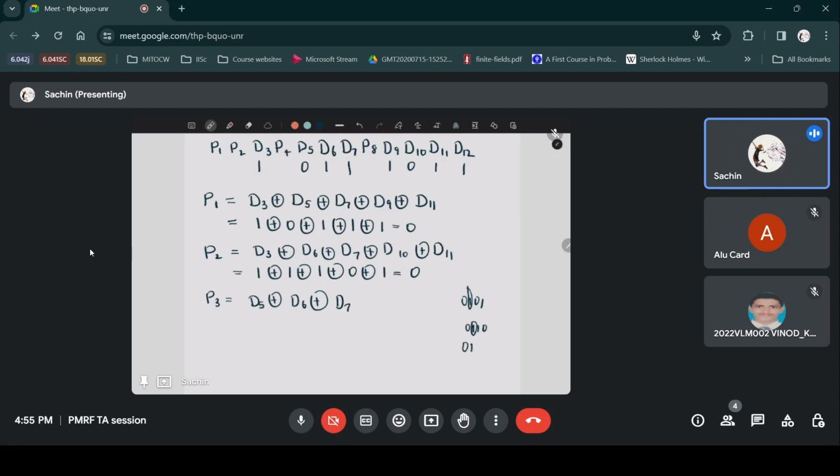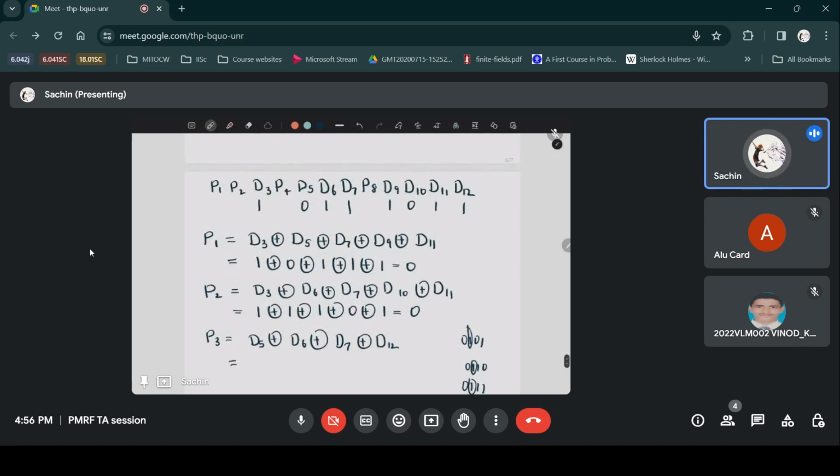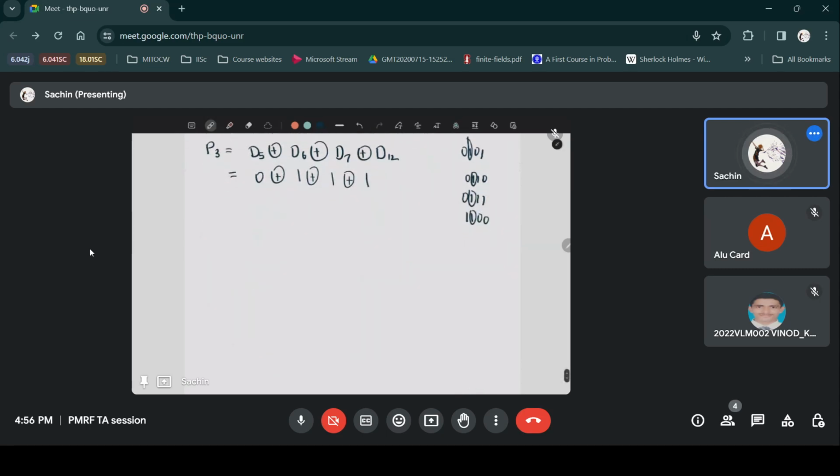D7, 0111, has a 1 in the fourth position, and D12, 1100, has a 1 there. That will be equal to D5 is 0 XOR D6 is 1, D7 is 1, D12 is 1. So there are 3 ones, which is an odd number of ones, so the output is 1.